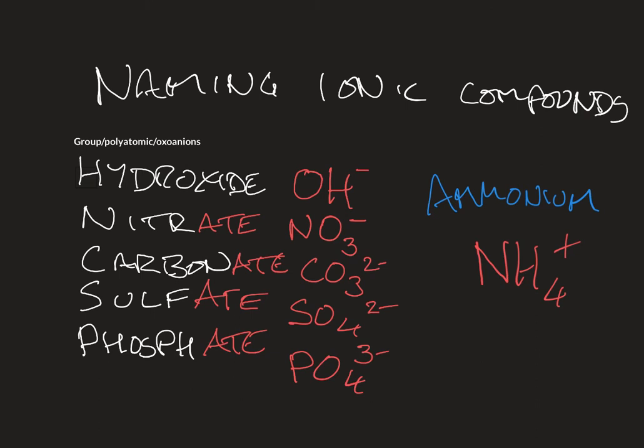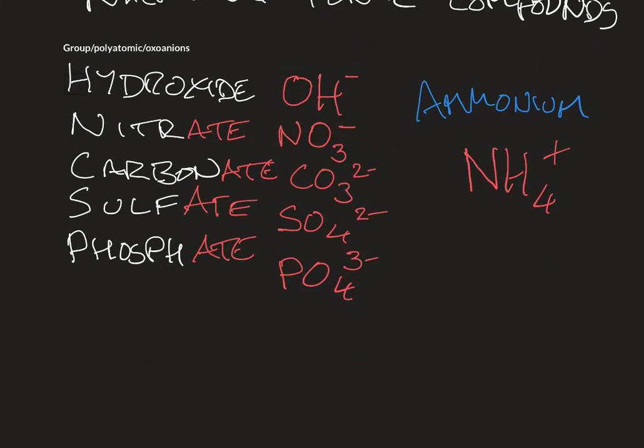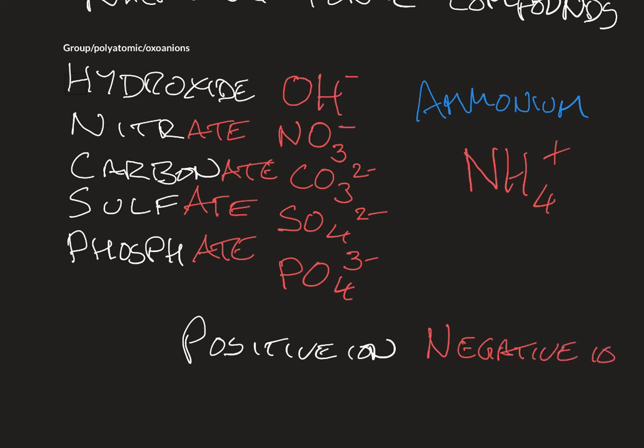Now, when we use these for naming compounds, we actually use the same process that we used before. We're just going to use the name of the positive ion, so it's not always going to be a metal now, and we're going to combine it with the name of the negative ion.